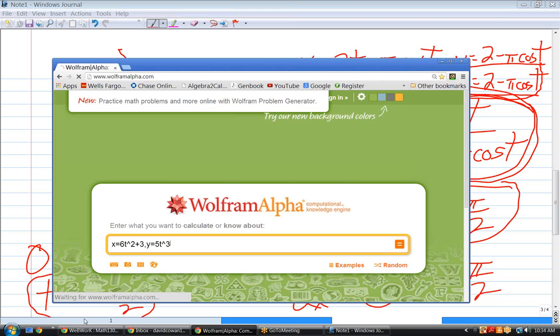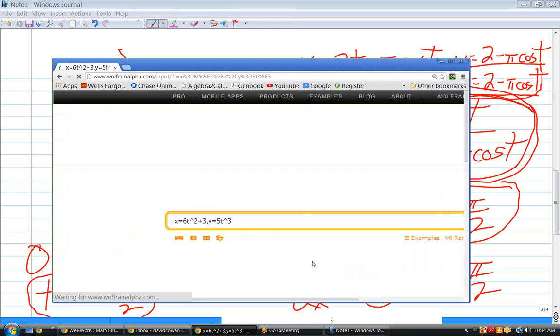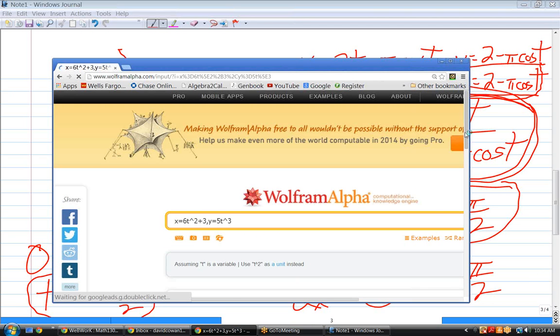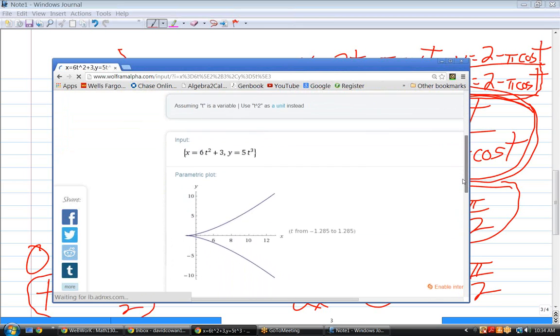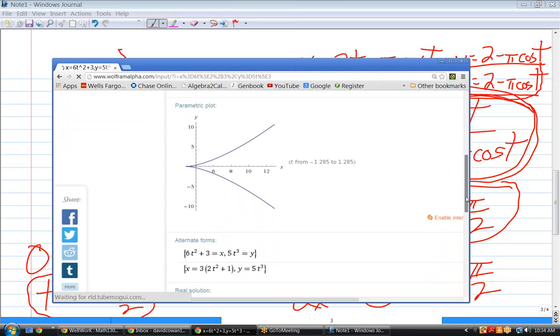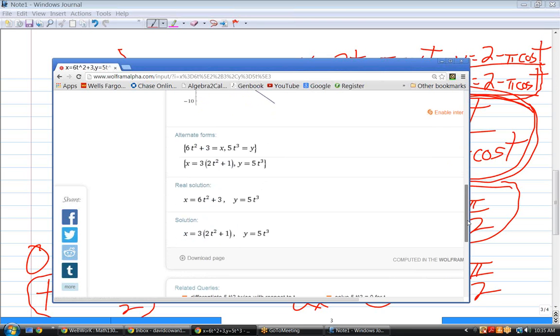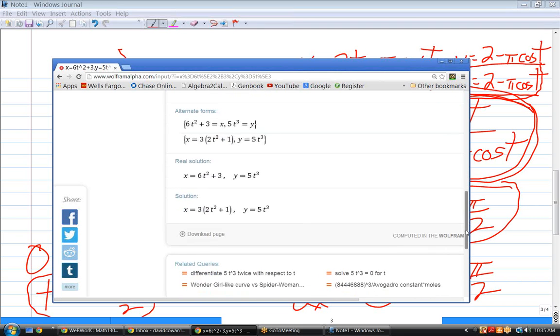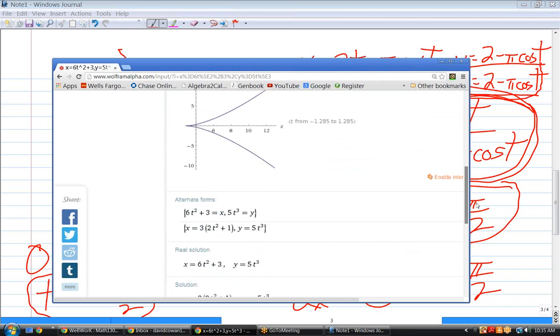Parametric. Now it should recognize it as a parametric equation. Yeah, parametric plot. Okay. Real solution. See, it's just telling us the same thing we put in.